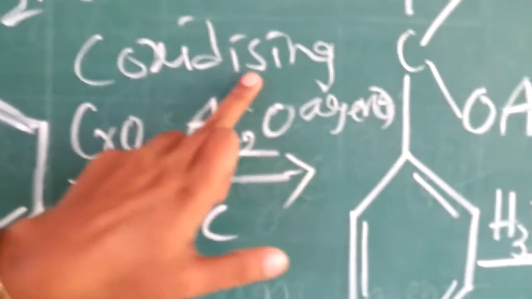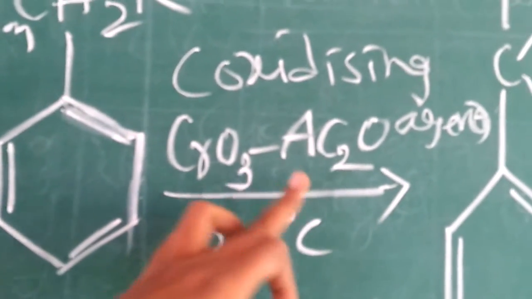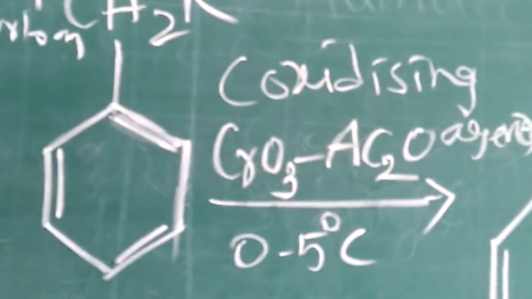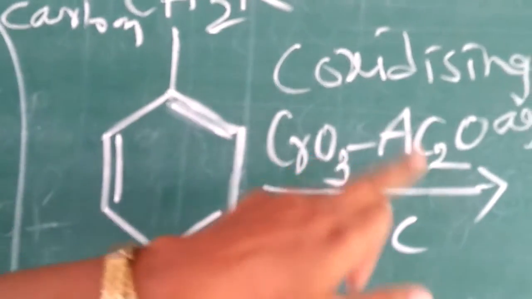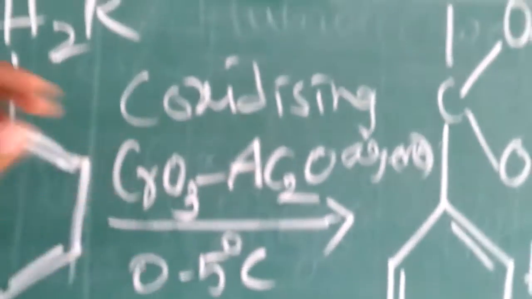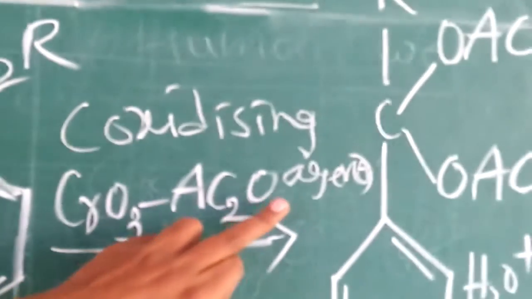In this reaction, chromium trioxide and acetic anhydride are the oxidizing agents, meaning the mixture of these two compounds oxidizes this benzylic carbon.